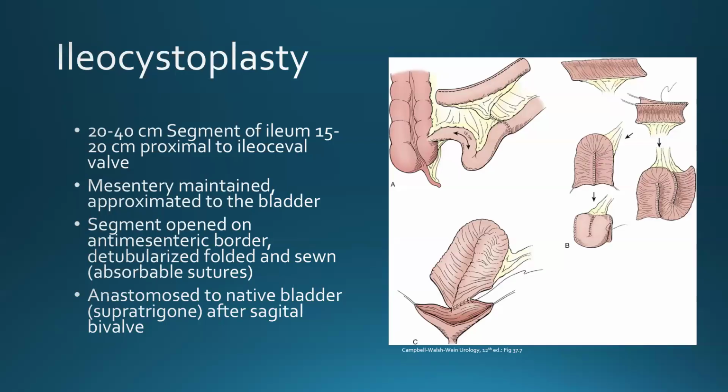And then that segment of bowel is opened on the antimesenteric border, and it's detubularized and folded into kind of this patch sort of shape. And then it is sewn onto the bladder that, as I mentioned, is clamshelled open, utilizing absorbable sutures, and this is described as a sagittal bivalve. So this is kind of how that is done. It seems to be that ileum is the popular tissue to use now.